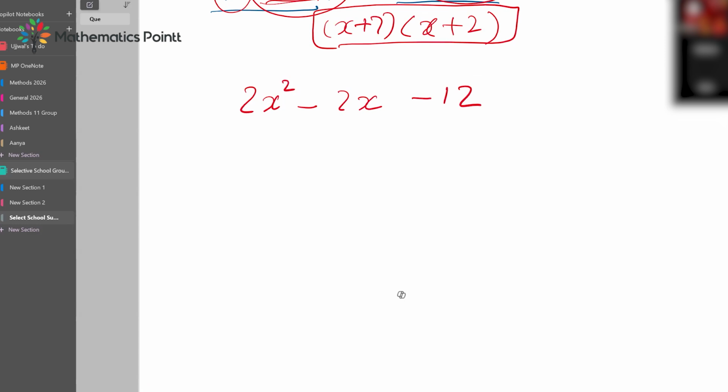I'm giving you time. 2x squared minus 2x minus 12. Those of you who know this, give it a go. Let's see where you land.